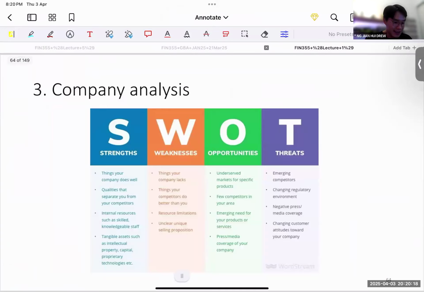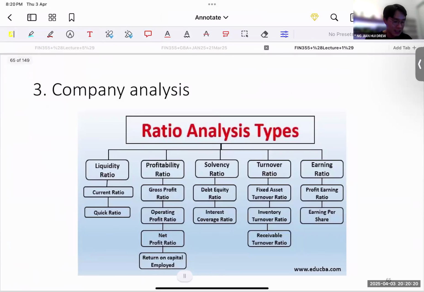So remember all these analyses. Can you see lecture one?